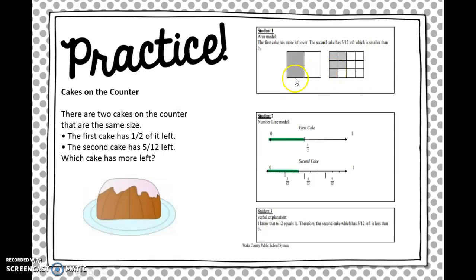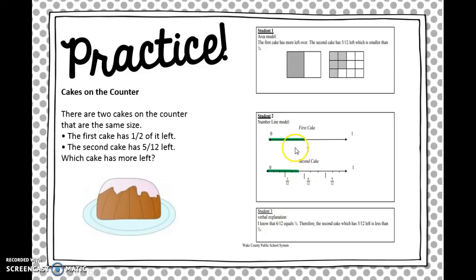You must always create models that are the same size to truly compare your fractions precisely and accurately. So you see here that 5/12 is smaller than the half because we know that 1/2 is also equivalent to 6/12.